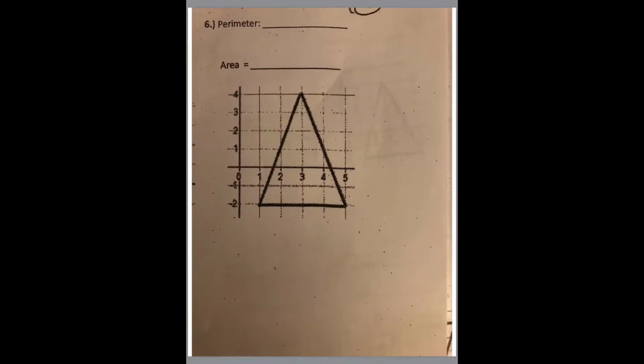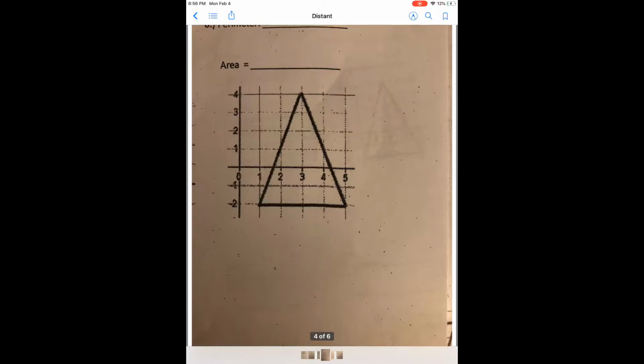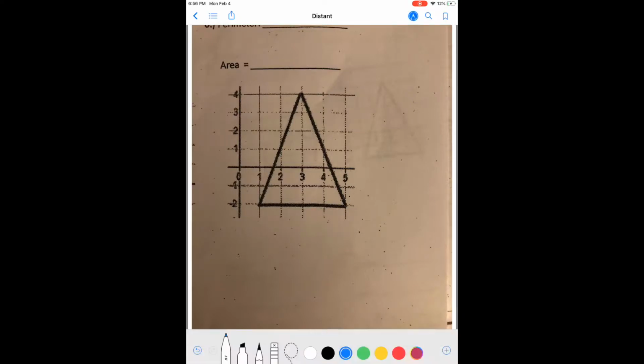Now this one you may have to rotate your phone a little bit, but this one you're also finding the perimeter. I didn't worry too much about you guys finding the area of any triangles just because of time crunch.